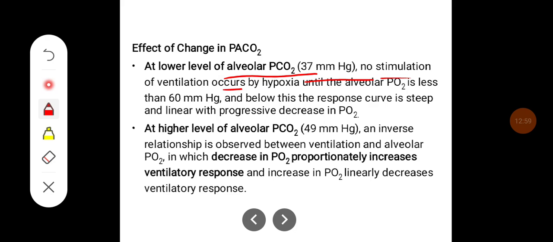No stimulation of ventilation occurs by hypoxia until alveolar PO2 is less than 60 mmHg. Below this, the response curve is steep and linear with progressive decrease in PO2.